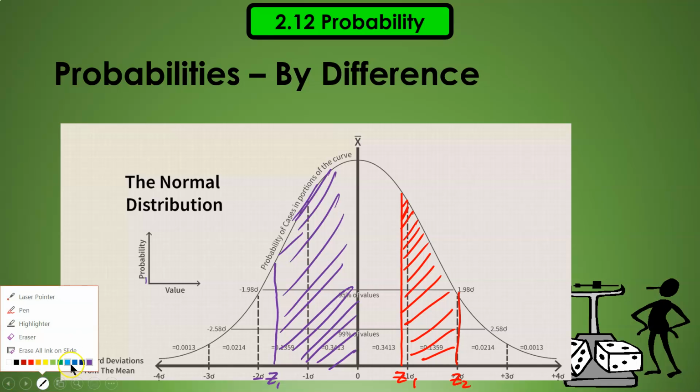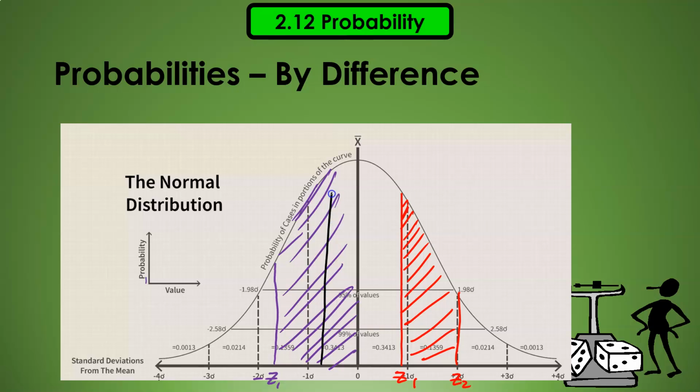And then using the other z-score, which is minus Z2, you calculate that area. So if you take the black area away from the purple area, what you're left with is that gap, or the difference, between those two values.